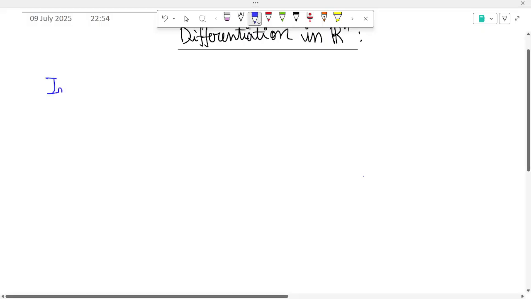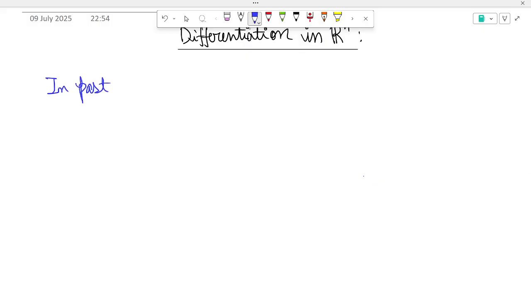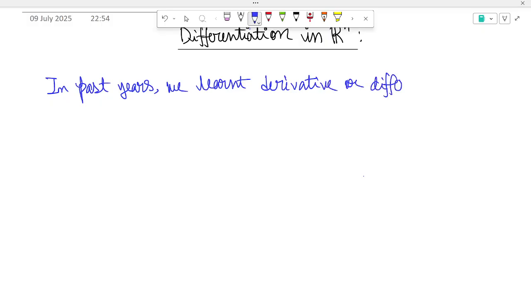In first years, we learned derivative or differentiability in real numbers. So what is the formal definition? Formal definition is what in R?